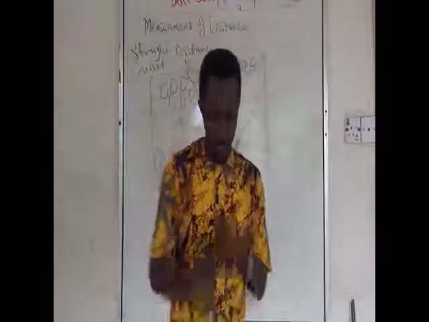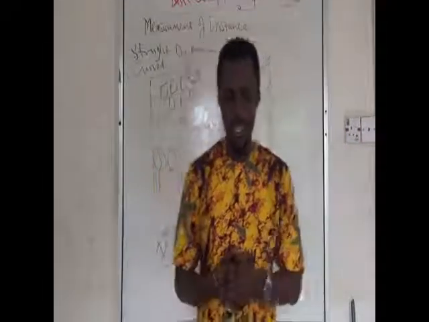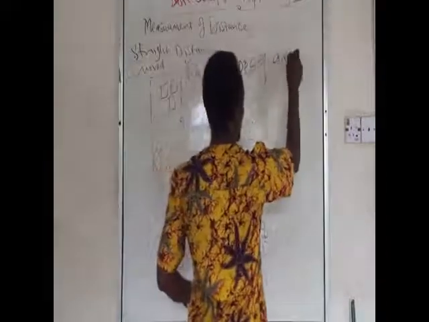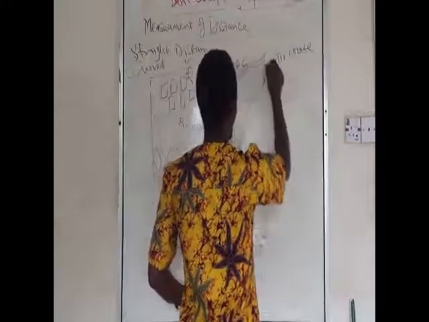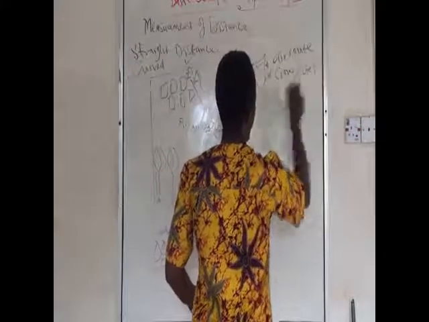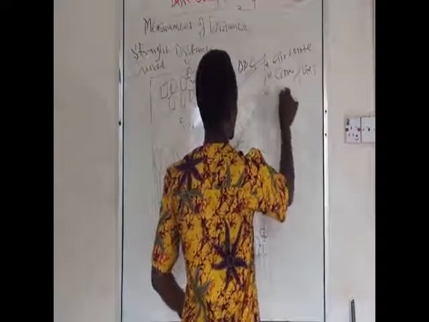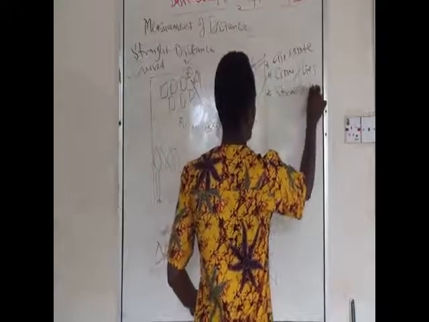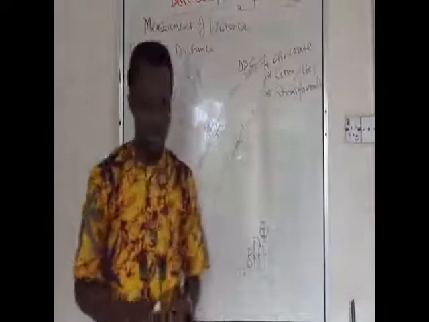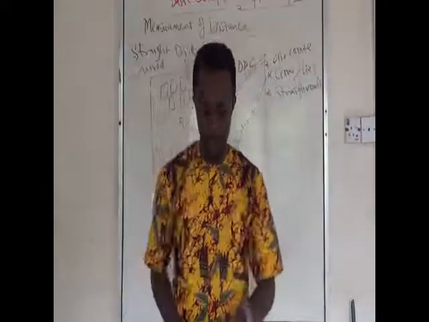So let us see how to measure straight distance. Examples of straight distance include air routes, as the crow flies, straight roads. These are a few examples of straight distance.